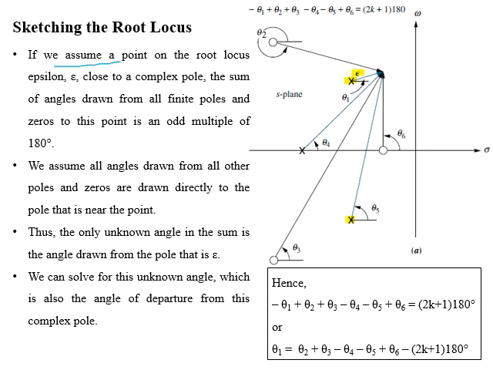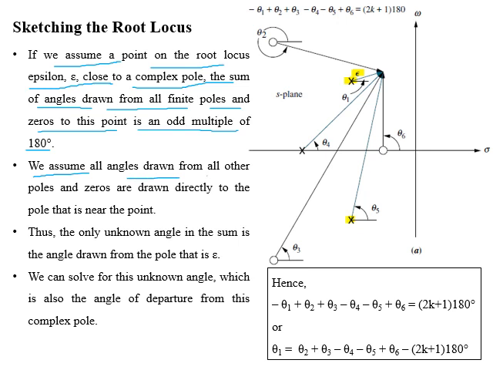Now for the angle of departure, consider a point epsilon on the root locus which is close to the complex pole. As epsilon is a point on the root locus, the sum of angles drawn from all the finite poles and zeros to the point will be an odd multiple of 180 degrees.